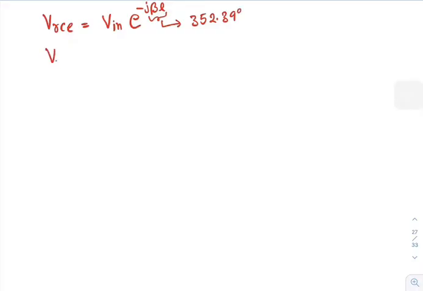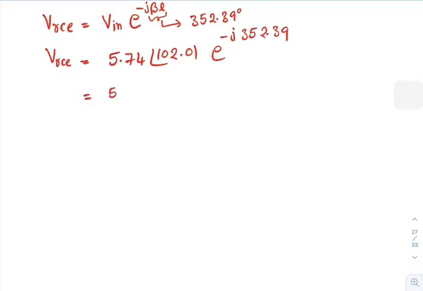Therefore, the voltage at the receiving end equals Vin, that is 5.74 angle 102.01, times e power minus j times 352.39. This is in e power minus jx form.